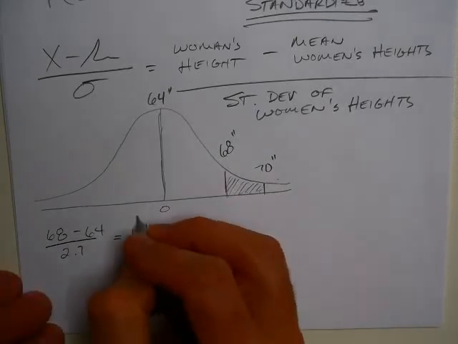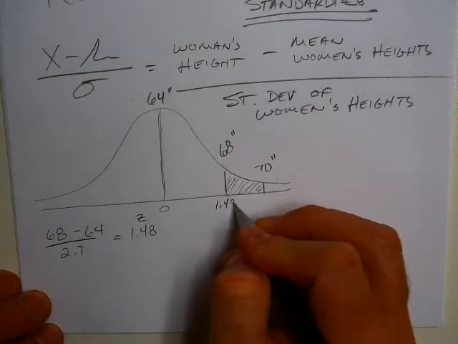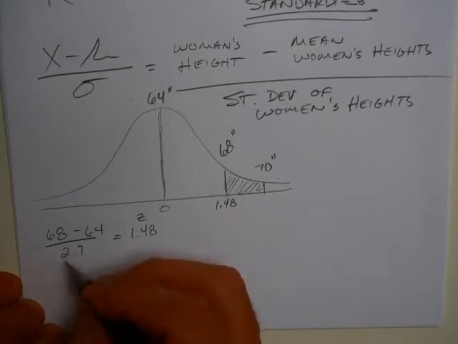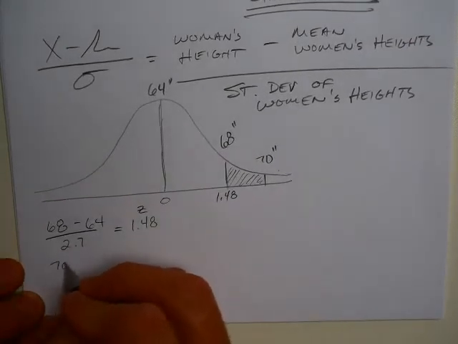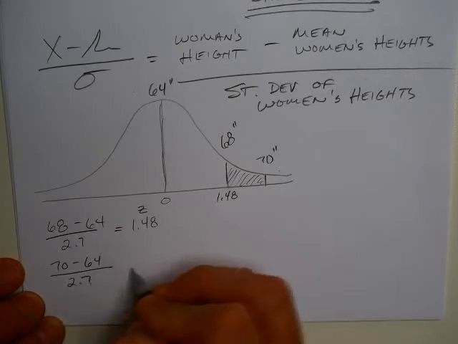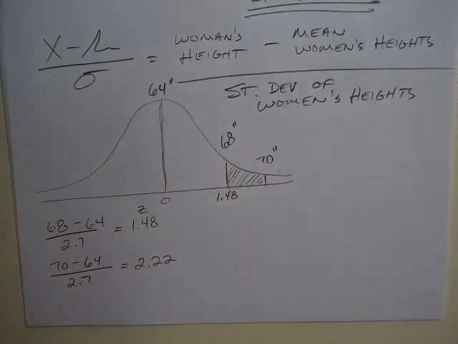And this is the z-score. So this would be 1.48 standard deviations away from the norm. And then if I do the same thing with the 70 inches, I get 2.22.